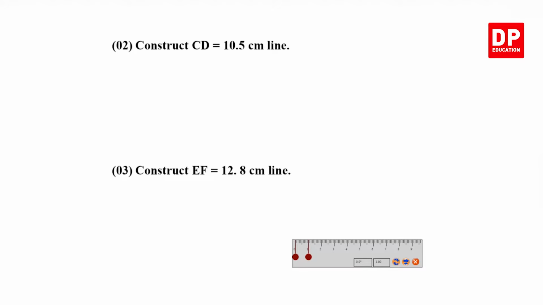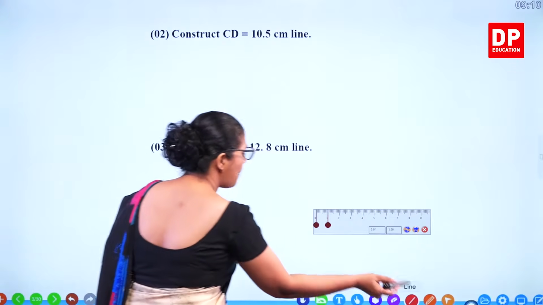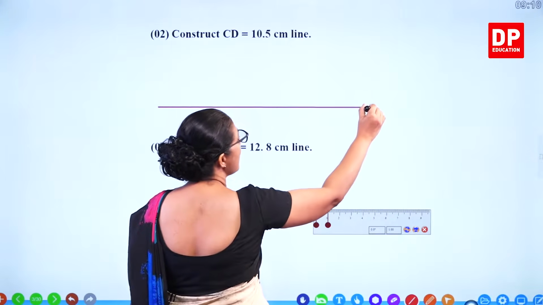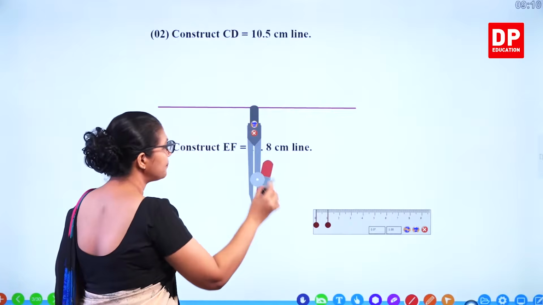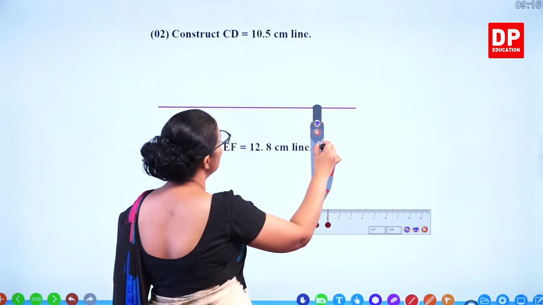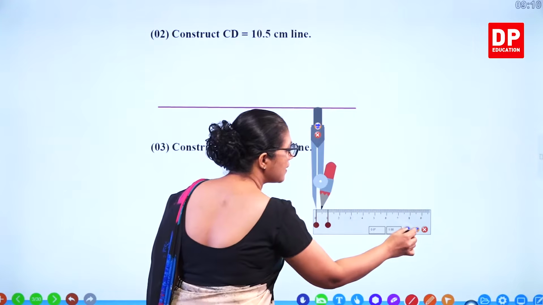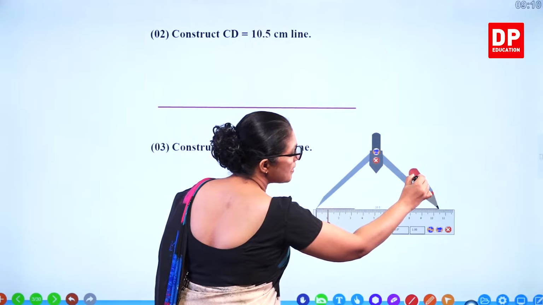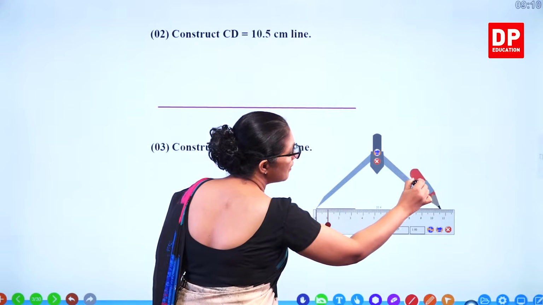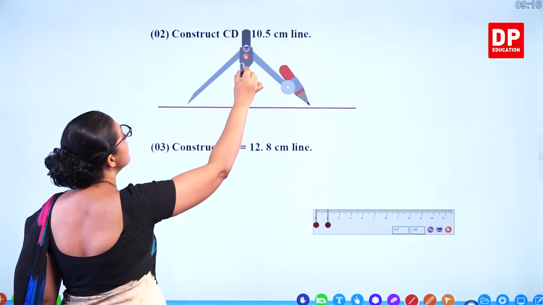Construct CD equals 10.5 centimeter. Again, you have to do the same thing. What's the first step? Draw any line and then take the compass and take, what's the length? 10.5 length, here to here, and then you can mark the 2 points.